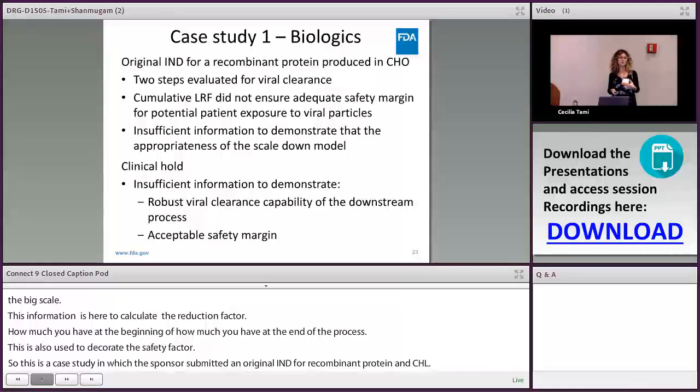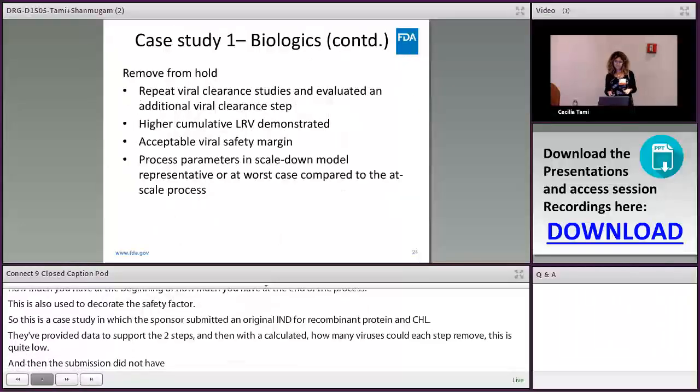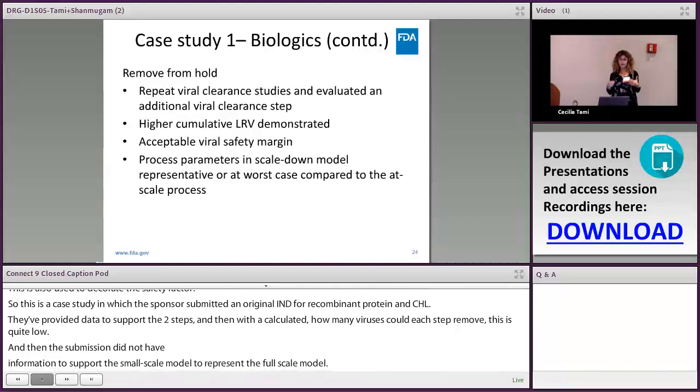So the capability of these steps to remove virus was quite weak. And then the submission did not have information to support the adequacy of the small scale model to represent the full scale model. So they were placed in clinical hold. And in their response to the hold, the sponsor reassessed these two steps and included and claimed a third step for viral clearance.